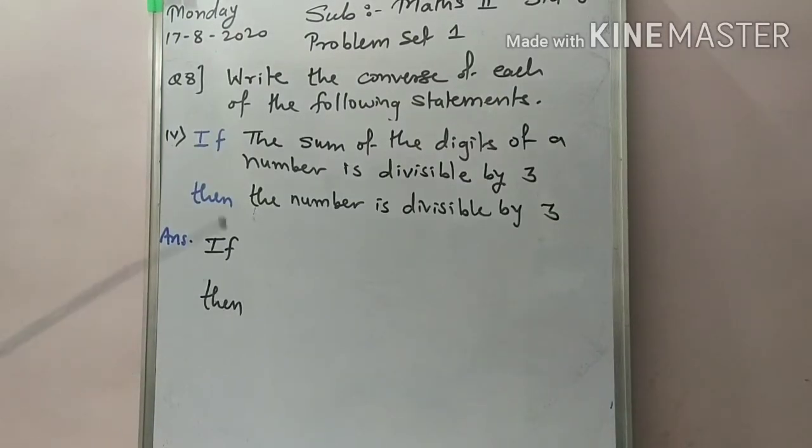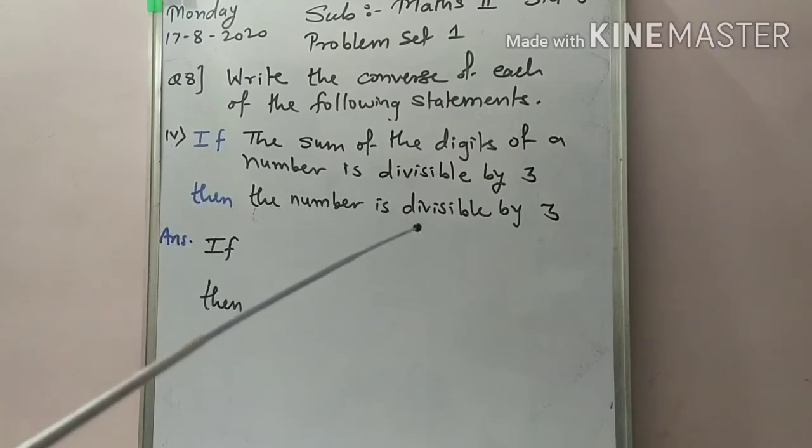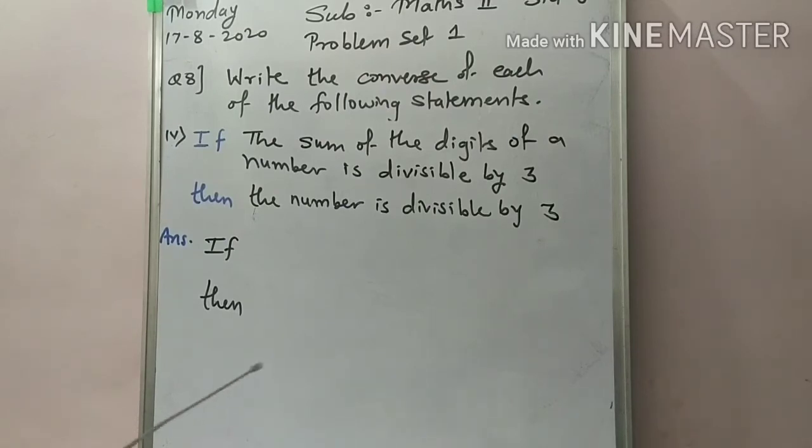Now try the 4th one. If the sum of the digits of a number is divisible by 3, then what? The number is divisible by 3; this is the test of 3. So we write its converse.